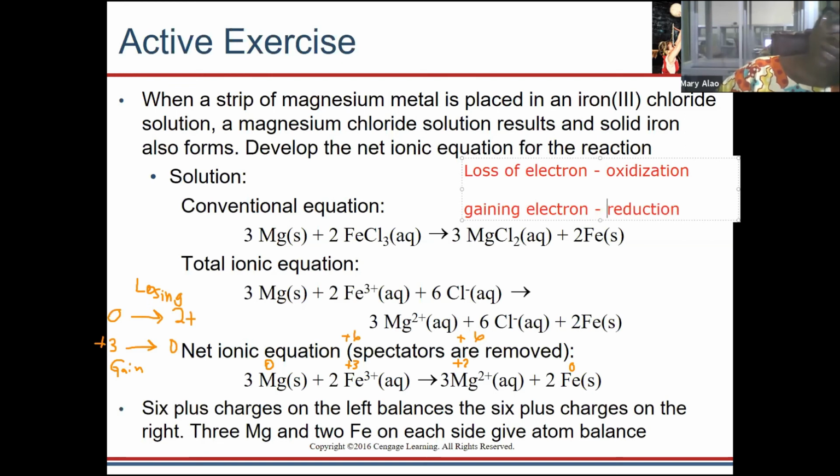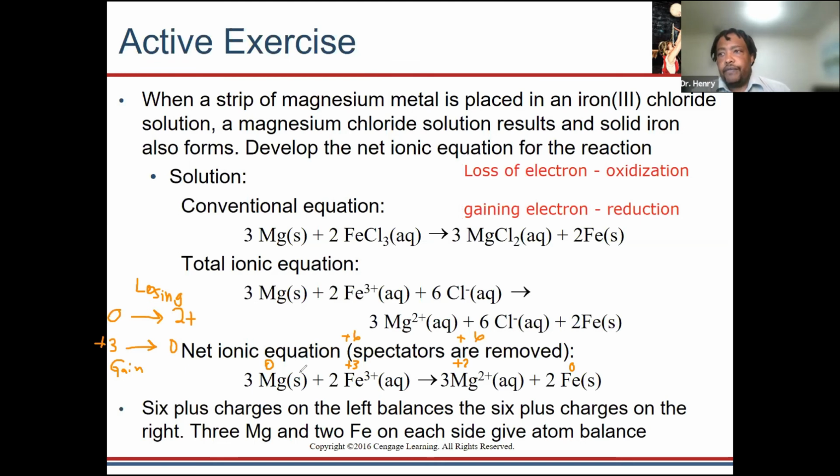And at the end of the day, the number of electrons that are gained and lost should be equal to each other because they should balance out. One is gaining, the other guy's losing, right? So this guy is losing electrons. This guy is gaining electrons. And the total number should balance out. So we have 6 and 6 going each way. Does that make sense? You got it? Makes sense.